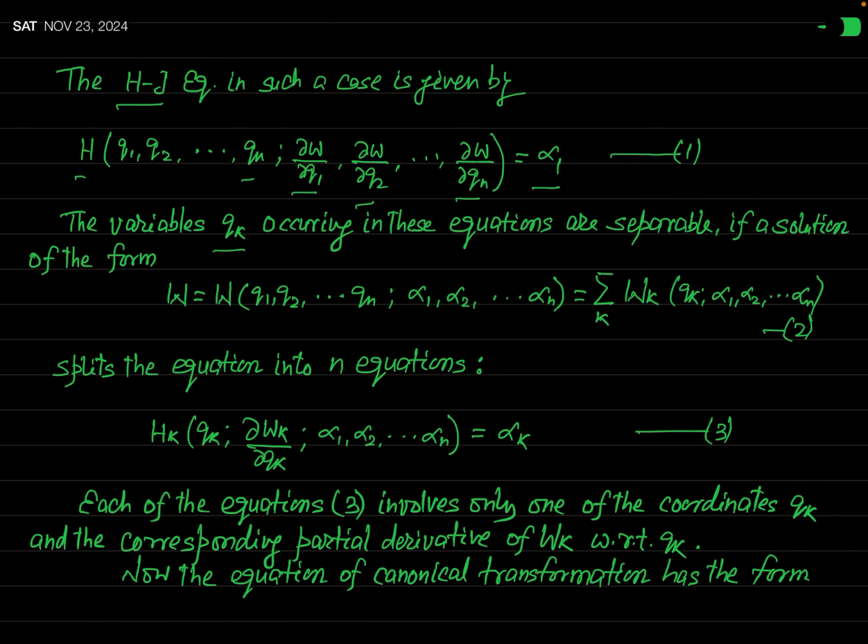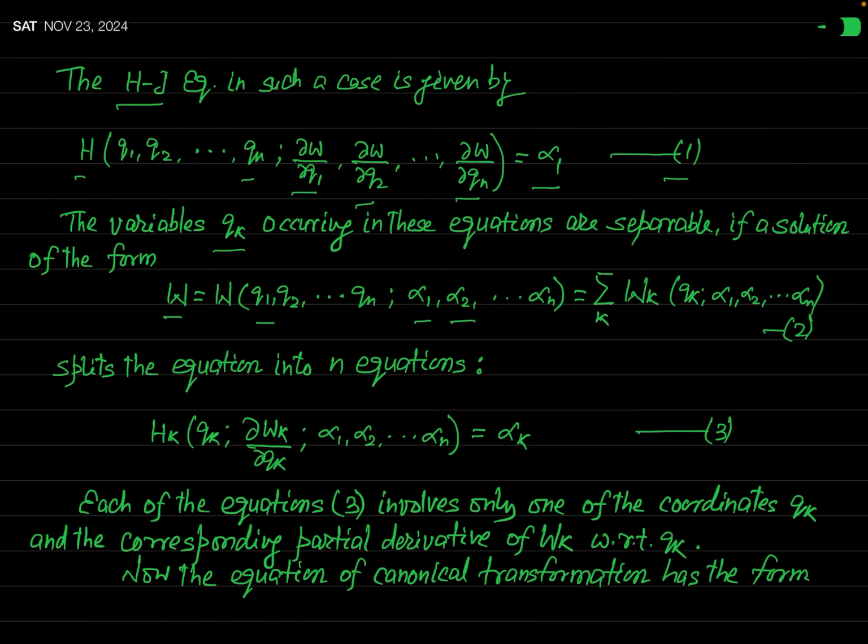These variables qk occurring in this equation 1 are actually separable. But these are separable only when the solution of this equation 1 will be of this form: W equal to W of q1, q2, so on, qn, semicolon alpha 1, alpha 2, so on, alpha n.